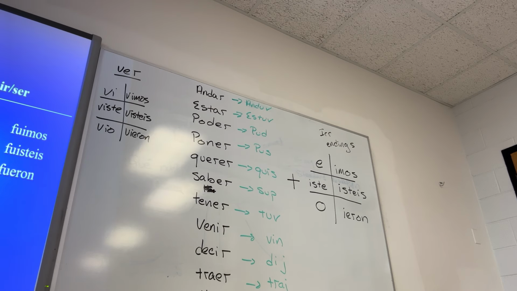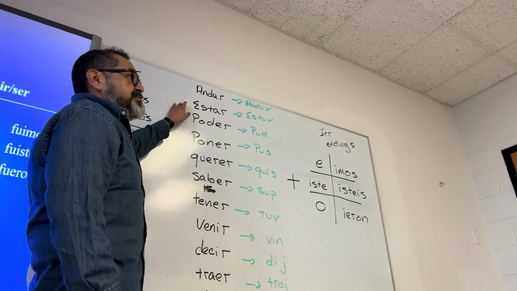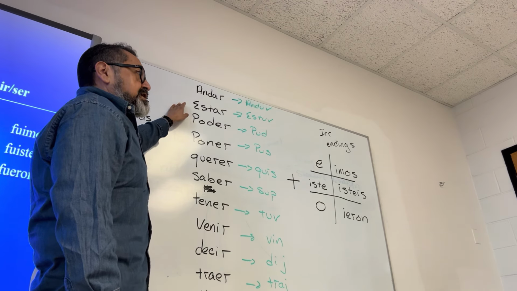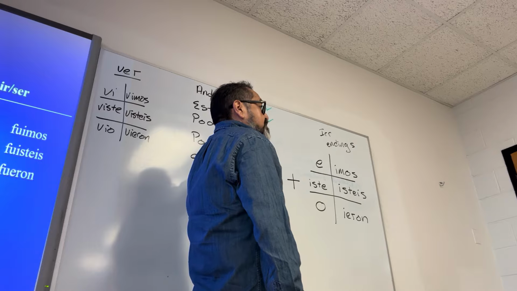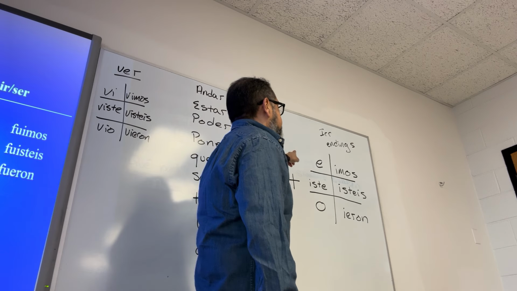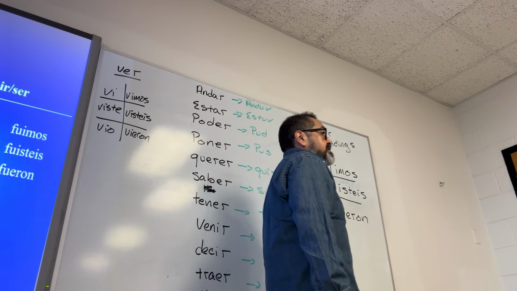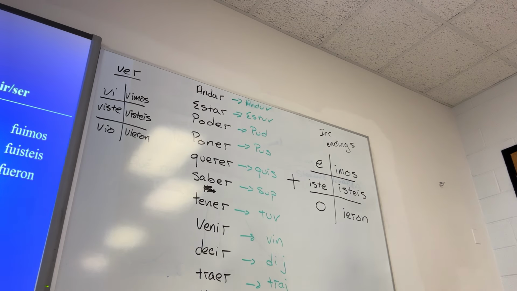All right? So, if you want to say, for example, yesterday I was at home. To be in a location is estar, so you change it to estuv-. Okay? The yo form is just the E, so yo estuve en la casa. I was at home.